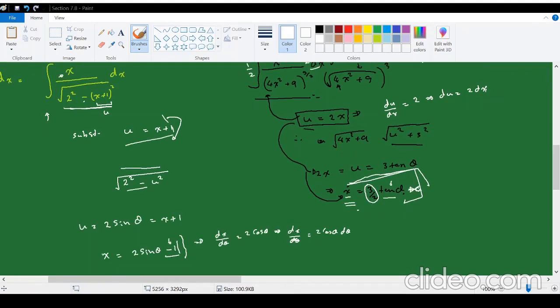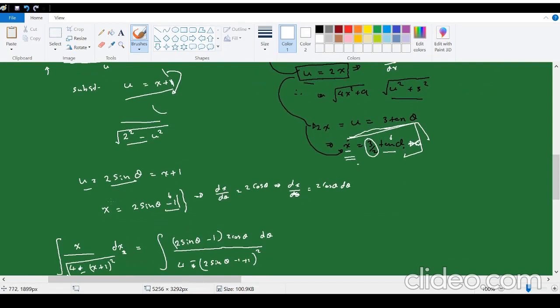Now, by taking the same approach, we can follow a very similar pattern, but the only difference is that in this case we are substituting u equals 2 sine theta, and here u is equal to x plus 1, right? So you have to do everything accordingly.